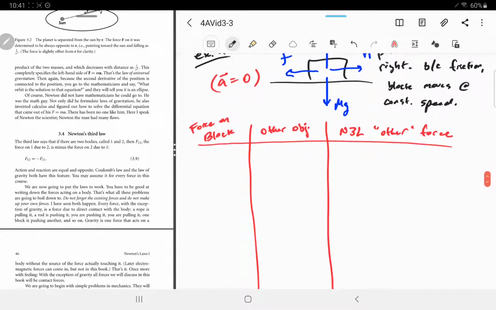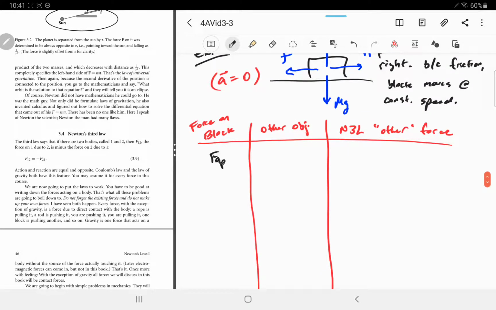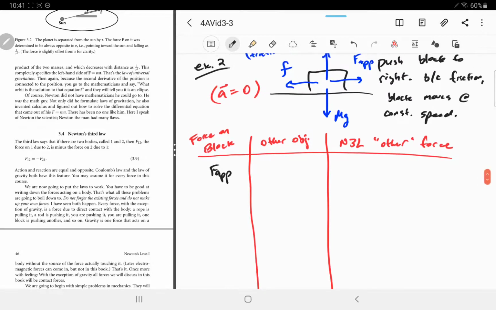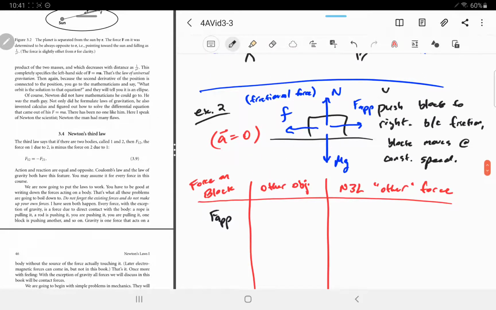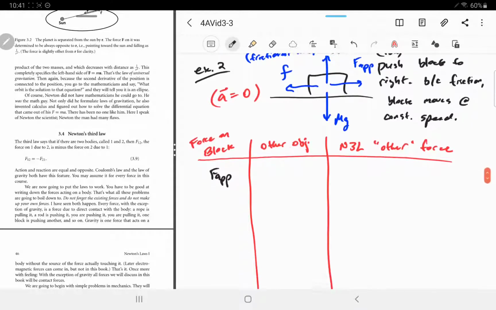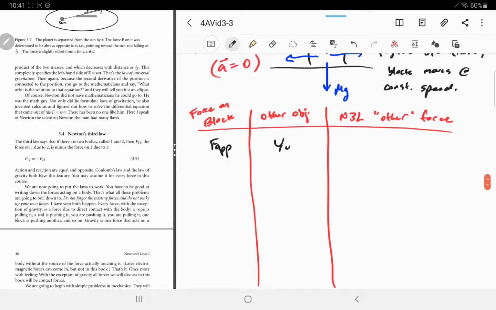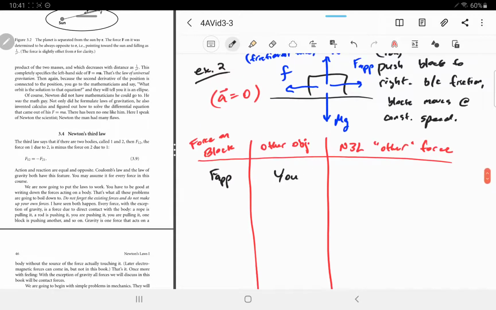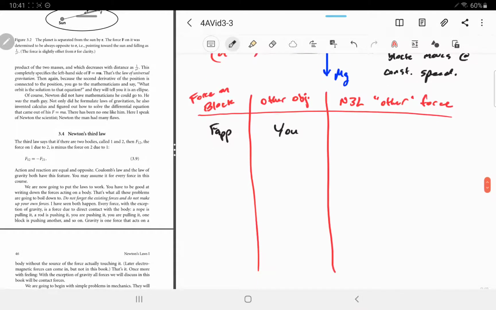So there's the applied force on the block. It's assumed that something is pushing the block to the right. Let's say it's you. You're pushing on the block to the right, so the other object here is you. If you are pushing on the block to the right, the block pushes on you to the left.